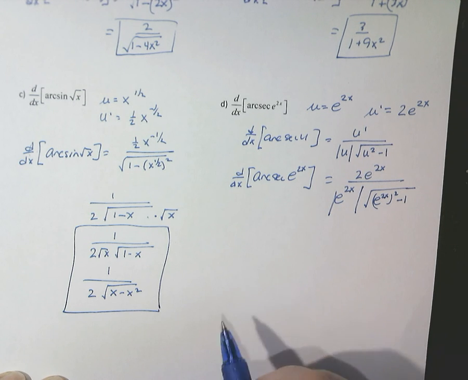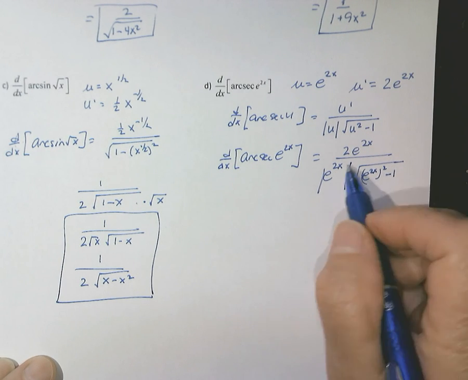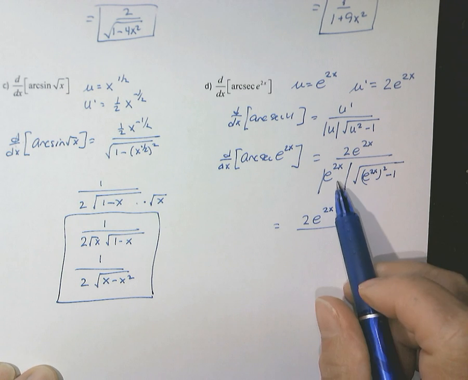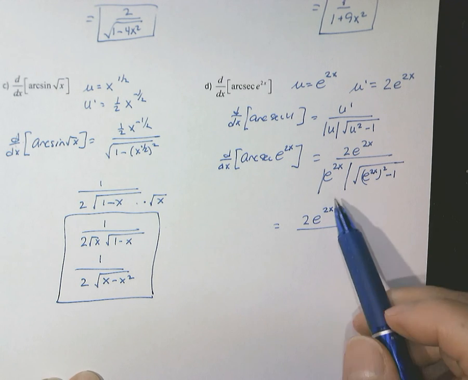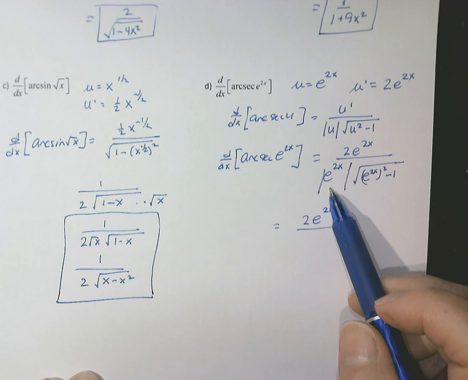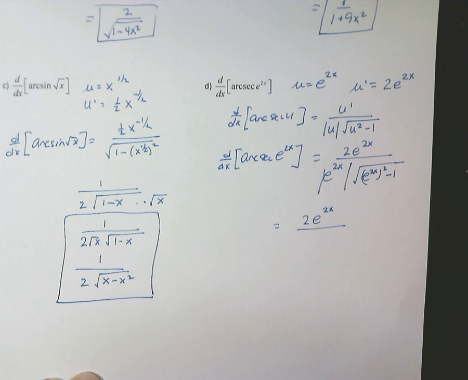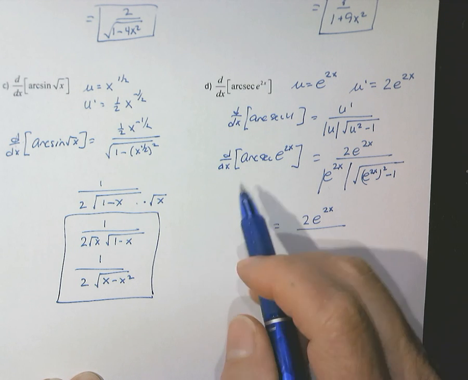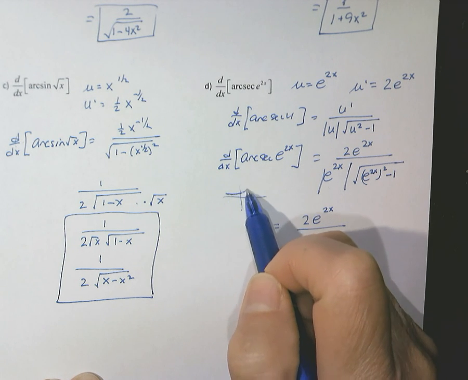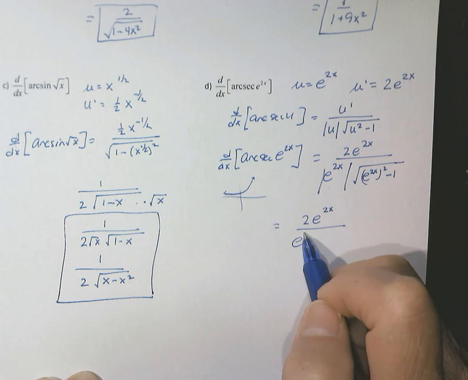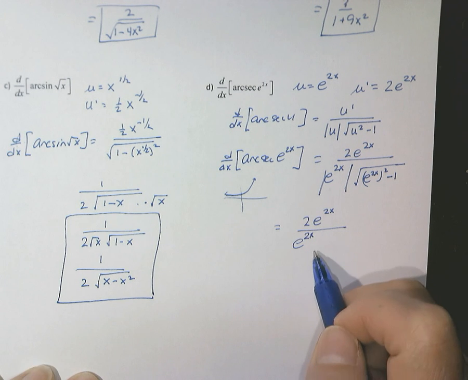To clean this up, there's going to be a little bit of cleaning up on this. This is going to be 2e to the 2x. Every exponential function is positive as long as there's not a negative in front of it. So a graph of an exponential function looks like this. All the y values are positive, so the absolute value bars don't mean anything, and I can take them away.